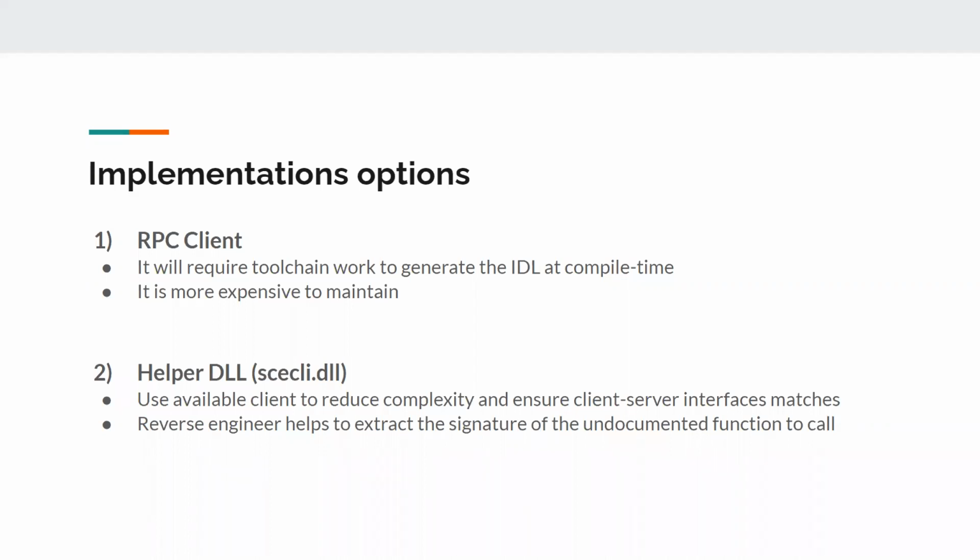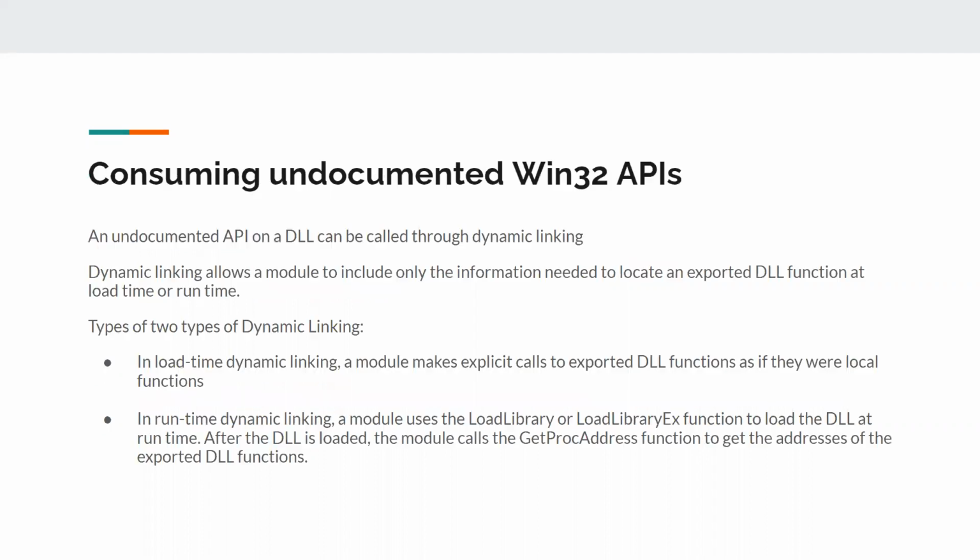So we wanted to play it safe and just consume the SECLI DLL from its exported functionality in order to use that data. If you remember, in the demo we saw a bunch of exports on the DLL when we were using the PE binary analyzer. Those exports are basically the functionalities that this DLL exposes.